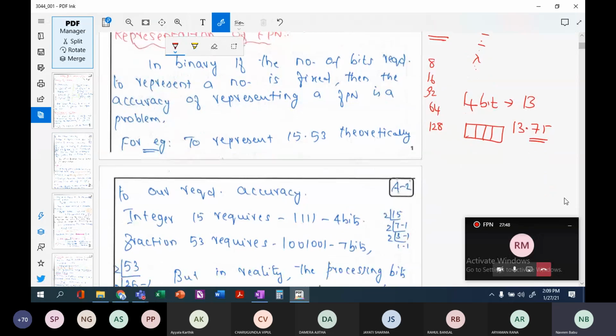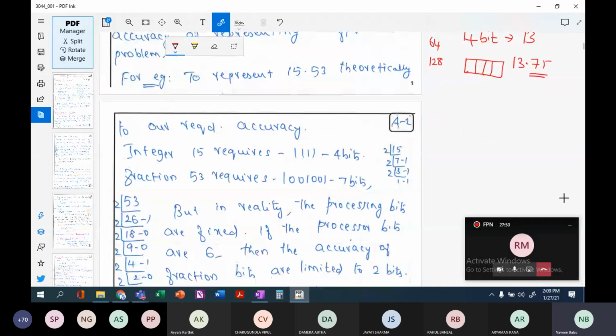Okay, so for example, as given here, to represent 15.53 theoretically, to our required accuracy, for this integer 15, the maximum number of bits required is 4 bits. Whereas this 53 can be represented in a minimum of 7 bits.